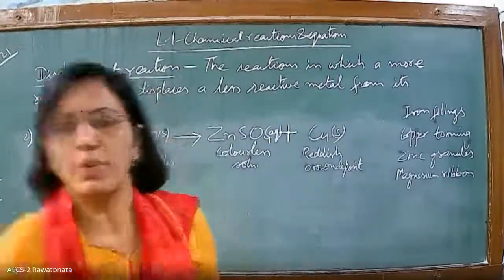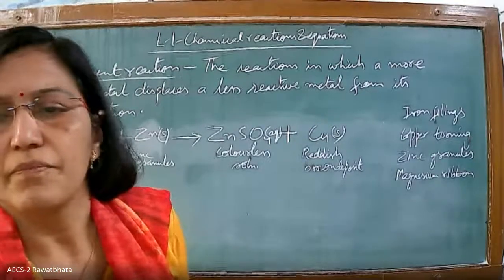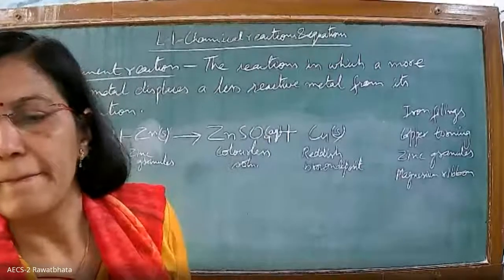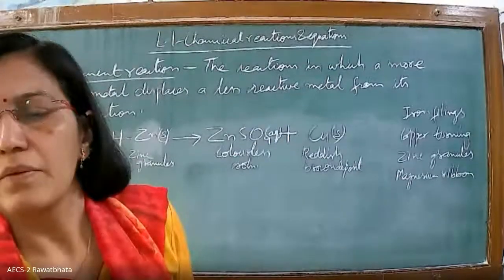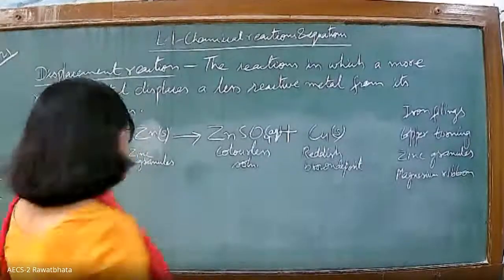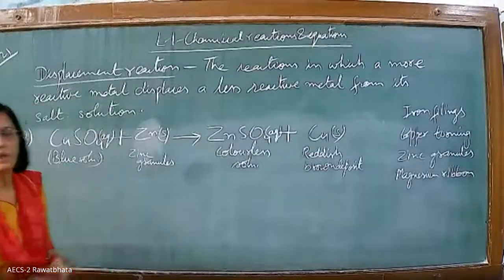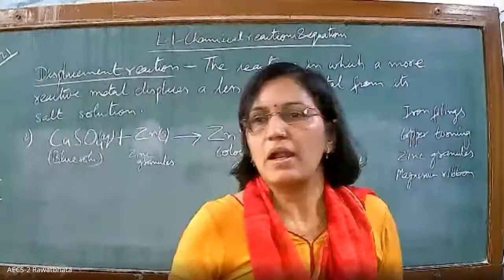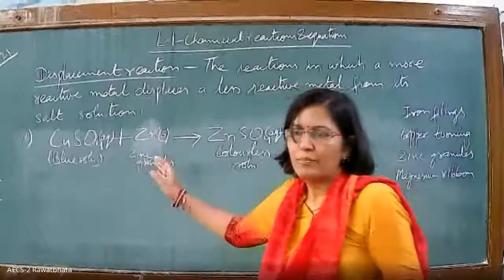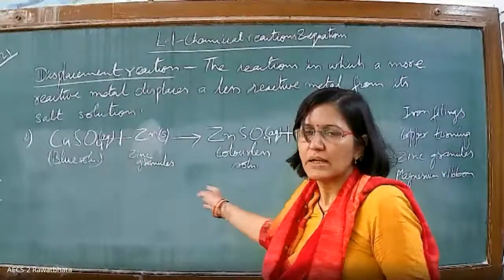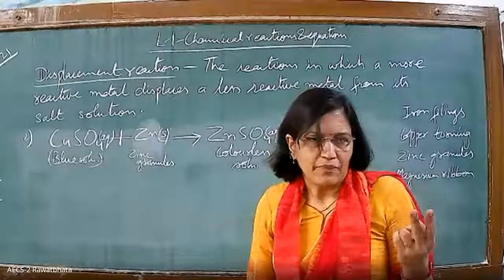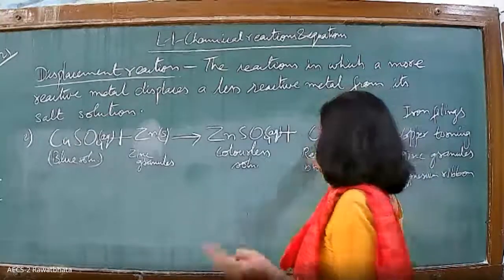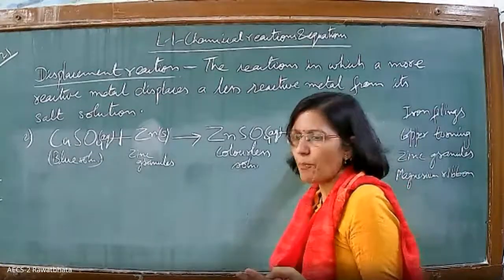Reddish brown deposit. There are two observations again. The first observation will be the color of the solution changes from blue to colorless. The second observation remains the same. There will be a deposit of reddish brown copper metal.